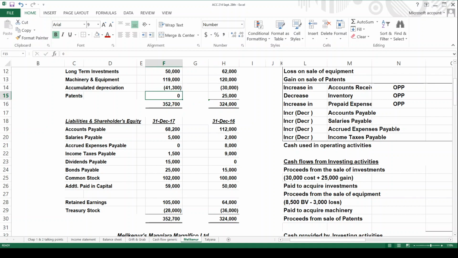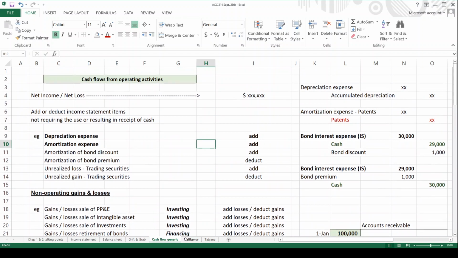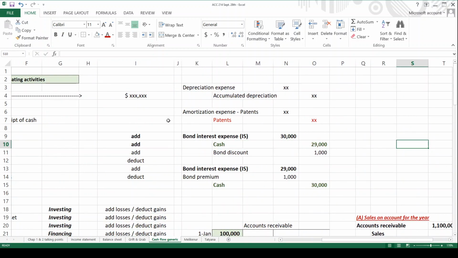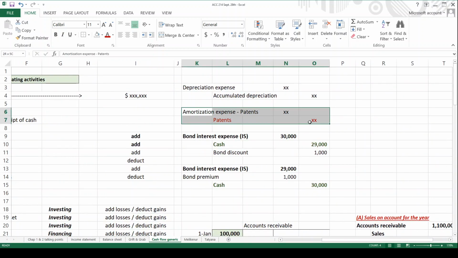So at first glance you might think, well, we must have sold patents that cost 25,000. But that goes back to something I mentioned earlier, right? This one right here. When there's amortization of patents, the credit goes directly to the asset account.